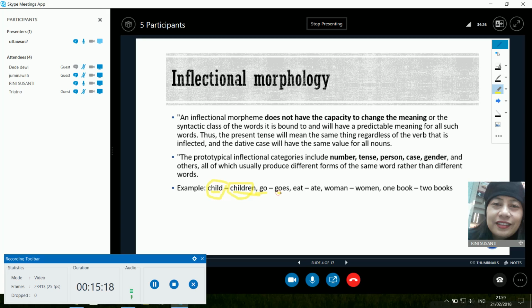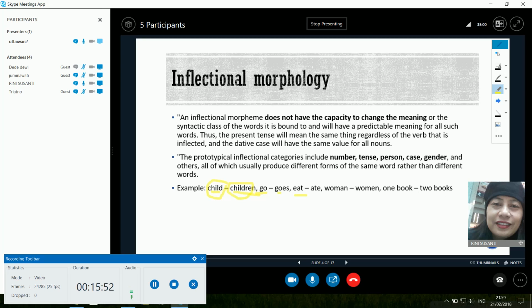Even go and goes, they have two different forms, but originally it still has the same meaning. It means that you leave a place. And the next one is eat and ate. The first verb is present tense and the second one is past tense. Even they have two different forms, but they still have the same meaning. Woman and women. One book, two books.